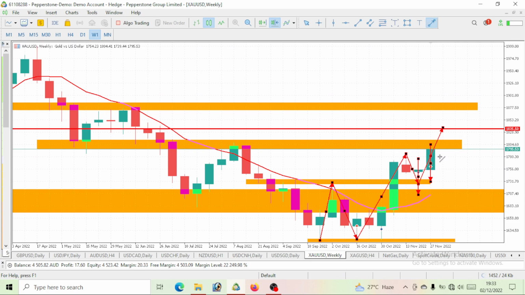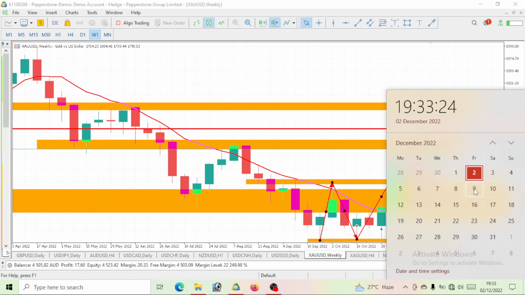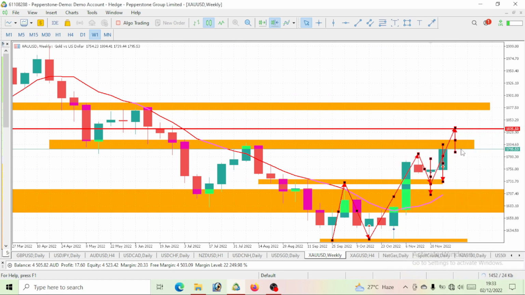So this week that we are just predicting for, which is December 5 to December 9, right? We would expect a bullish move also on this gold. So gold expects a bullish move. Now take a look at this movement itself. We can take a look at this moving average. We can see that this price was below the moving average.